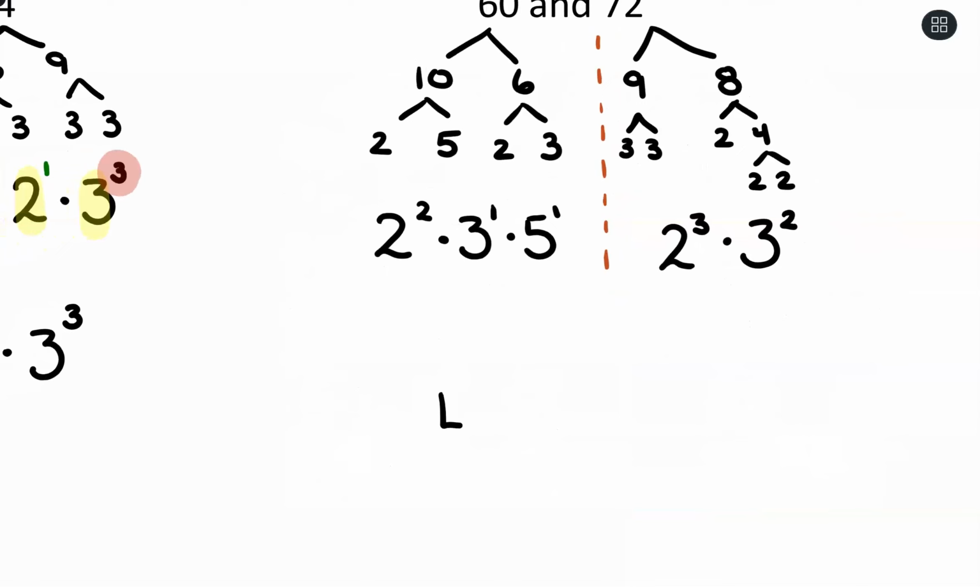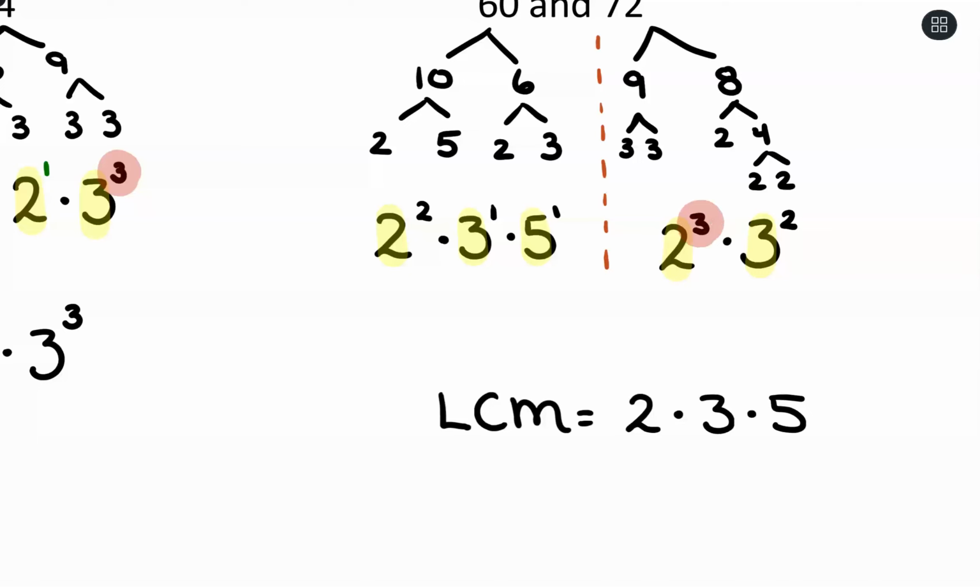Okay, putting together least common multiple. Looking at the bases, we have base of 2, base of 3, base of 5. Over here we have 2 repeated, 3 repeated. So for the least common multiple, I want 2, 3, and 5 for the bases. Then I'm going to grab the largest exponent. So 2, it's an exponent of 2 versus 3.